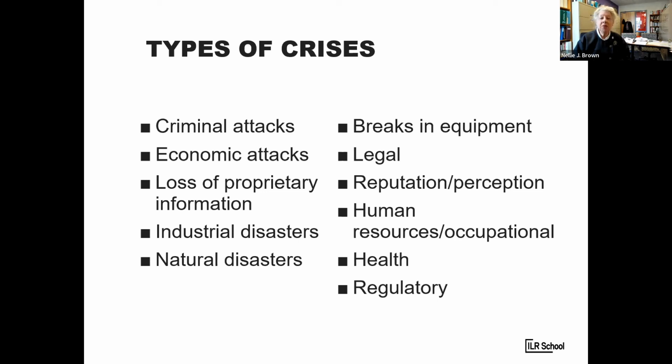Now, when it comes to breaks in equipment, what do you have that's so critical that you need to think about building in redundancy or backups that perhaps could be shared? Do you have a professional society or organization you belong to where people might have equipment they could lend you in an emergency?